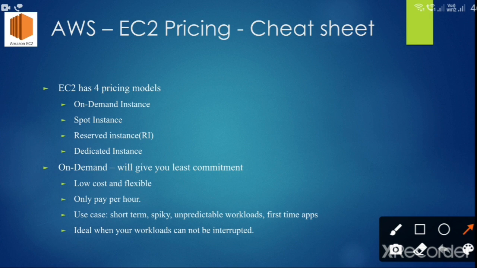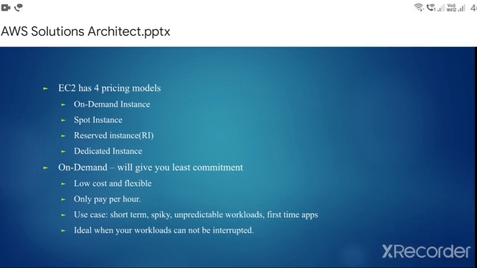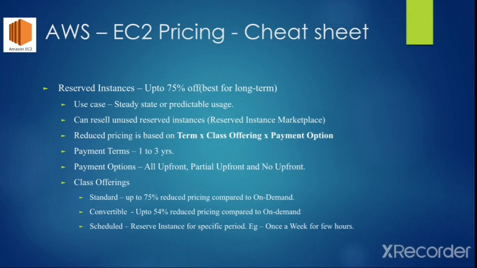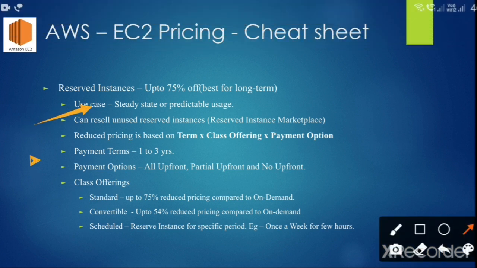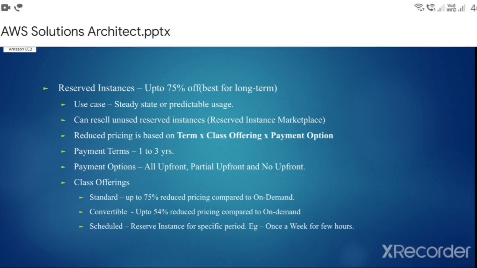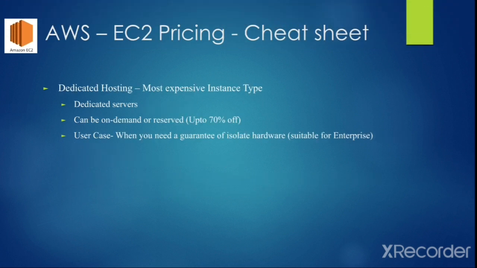So you can expect at least two or three questions, like when we should use on-demand, what the use cases of on-demand are, and when we can use reserved instances, and the classes offered by reserved instances: standard, convertible, scheduled, and spot pricing, and dedicated hosting as well. You can expect at least 3 to 4 questions from AWS EC2 pricing.